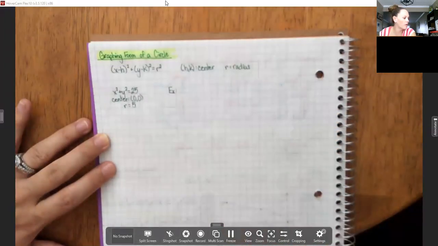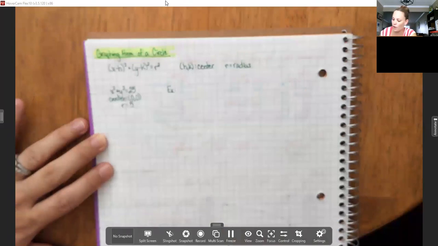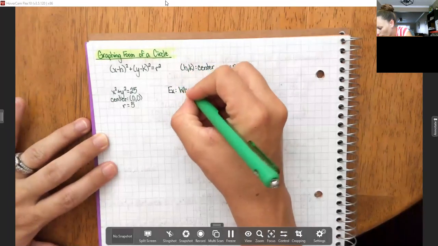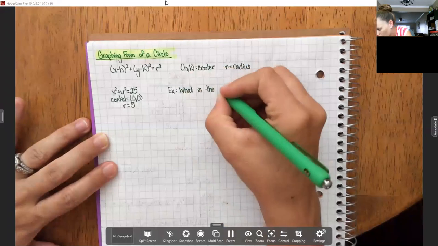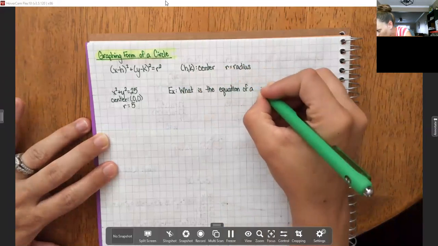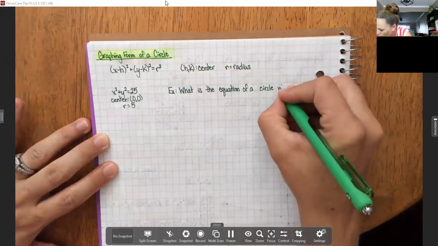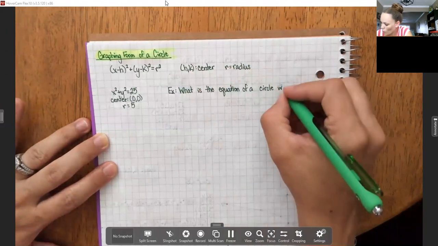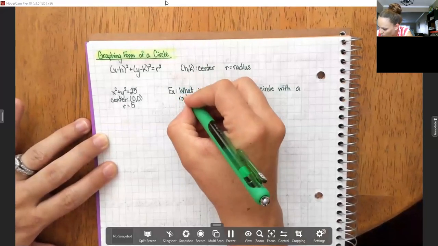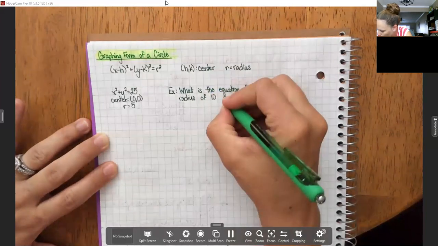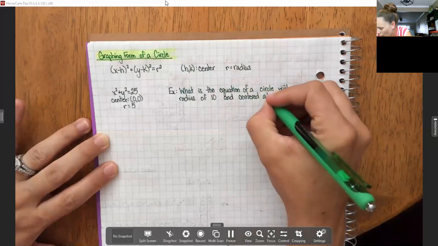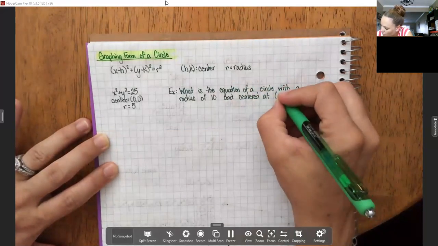So an example, this comes from 91: what is the equation of a circle with a radius of 10 and centered at (5, -7)?